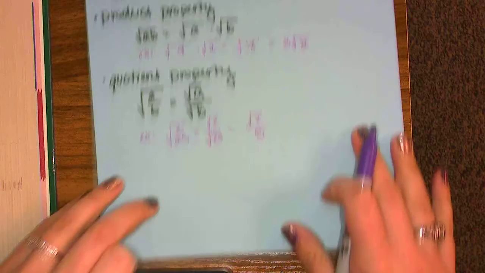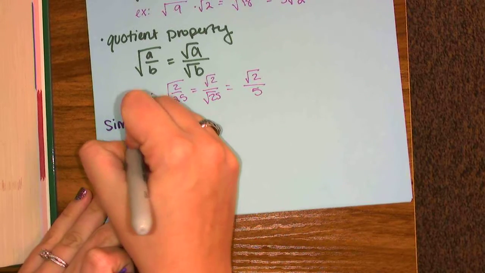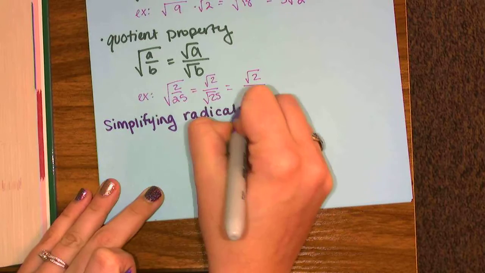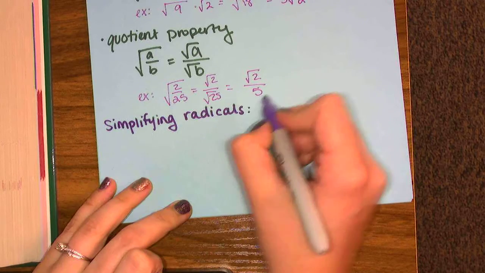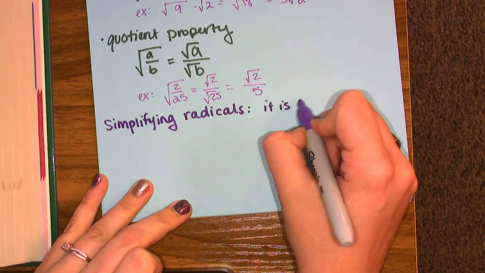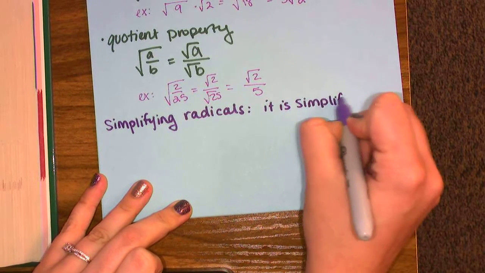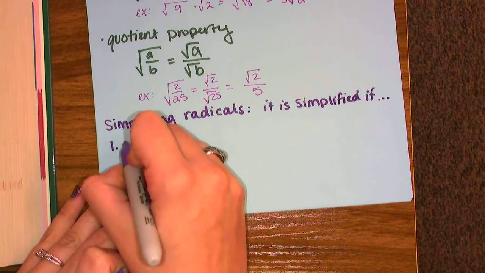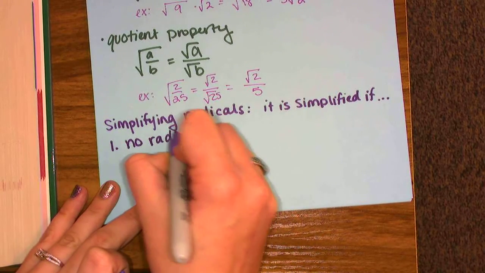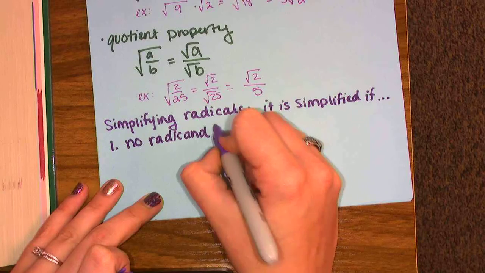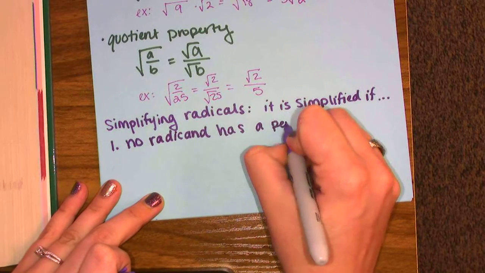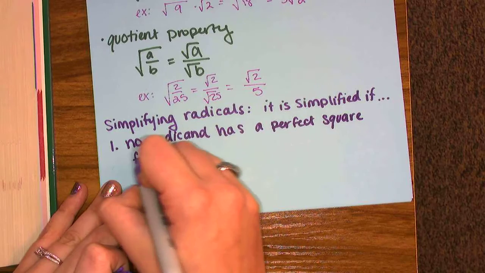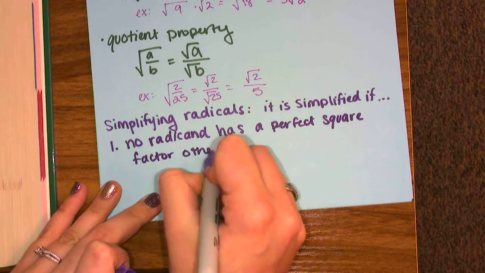And then for simplifying radicals, it is simplified if no radicand has a perfect square factor other than 1.